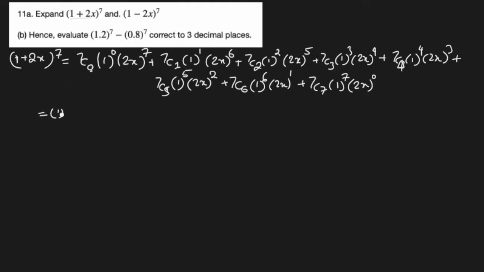7 c 0 is 1, 1 to the power 0 is 1, 2 to the power 7 will be 128, x to the power 7. I will complete this as well.